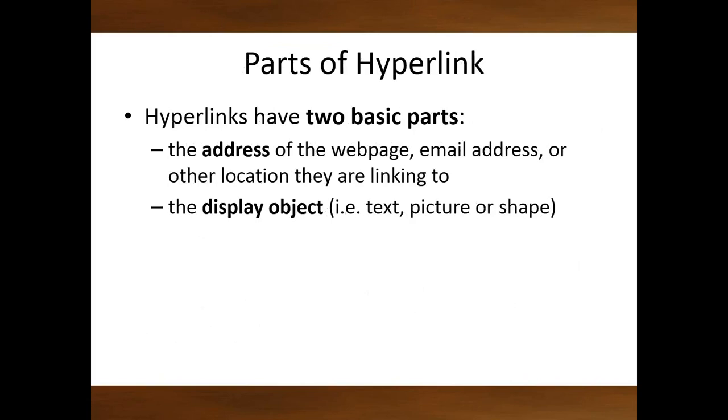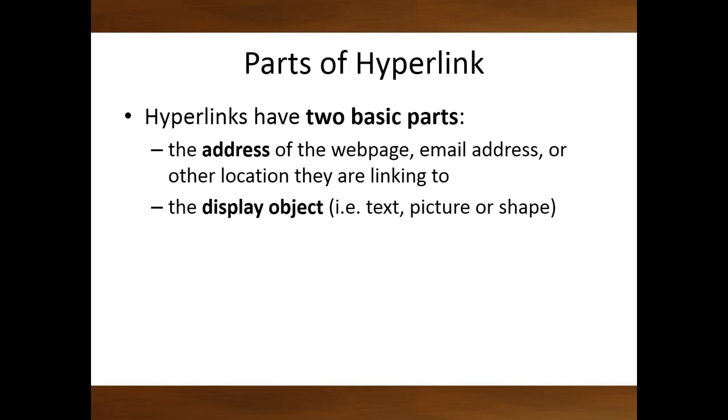Parts of hyperlink. There are two parts of a hyperlink, and these are the address and display object. The address here refers to the address of the web page or website, the email address, or the other location they are linking to.